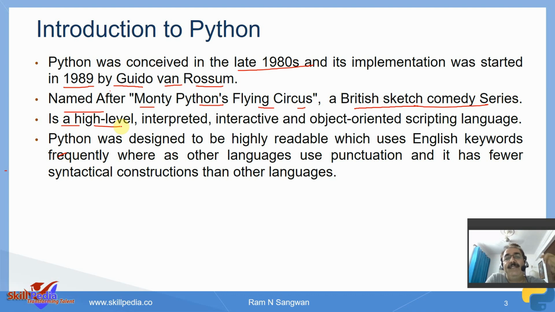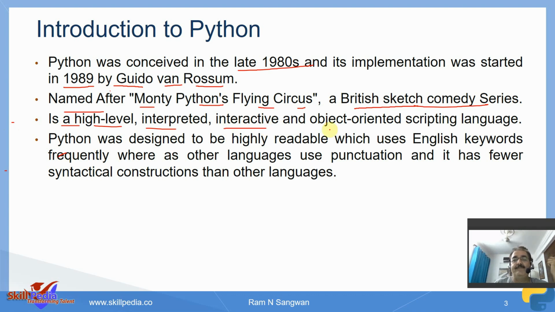So Python is an interpreter based language. Interpreted language means every statement is executed one by one, and it's not converted, it's not compiled. So it is interpreted. Interactive, that means it can give you a prompt like shell, and you start writing your code right at the Python prompt.